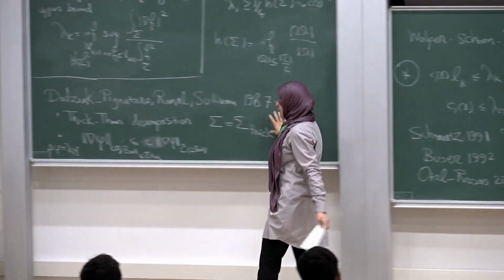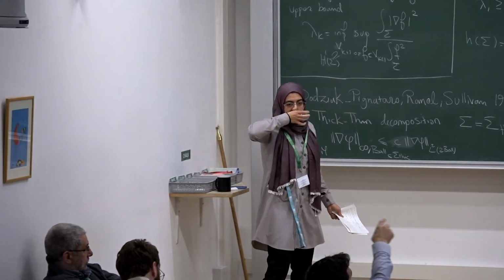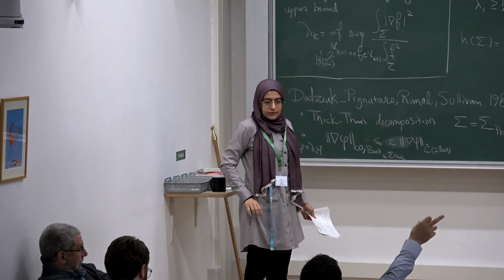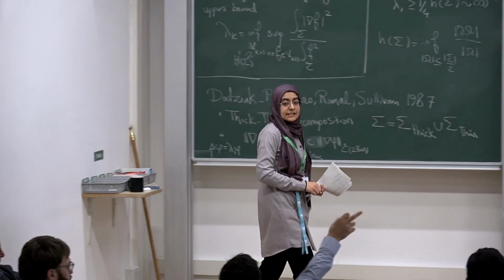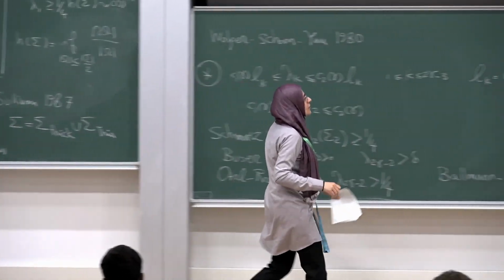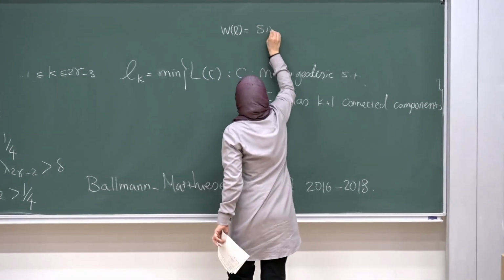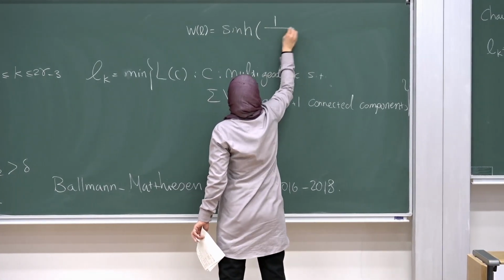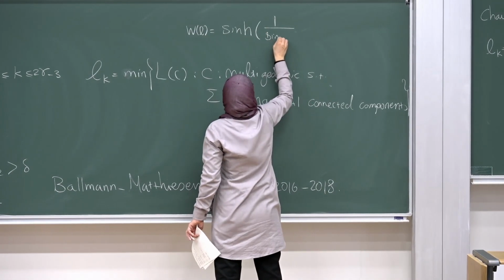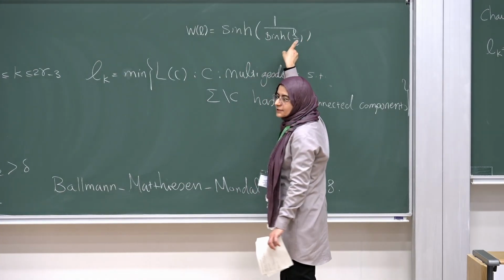The width W of the collar for the thin part is given explicitly in terms of L. It's something like sinh of 1 over sinh of L half, or maybe I'm missing something like that.